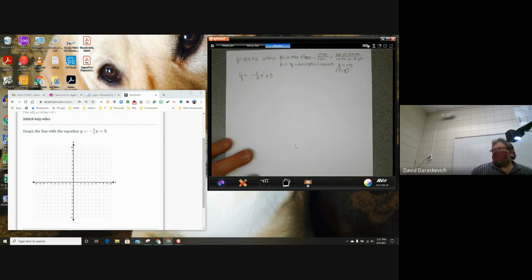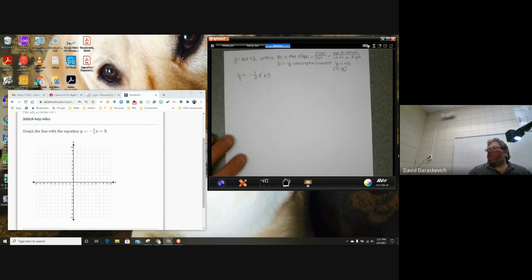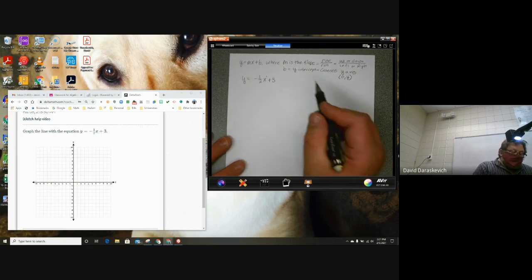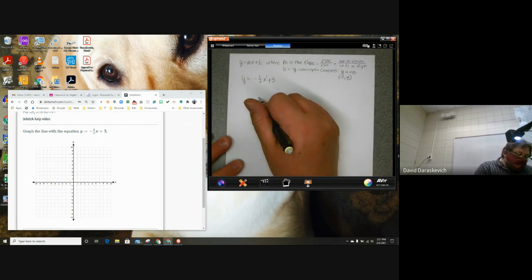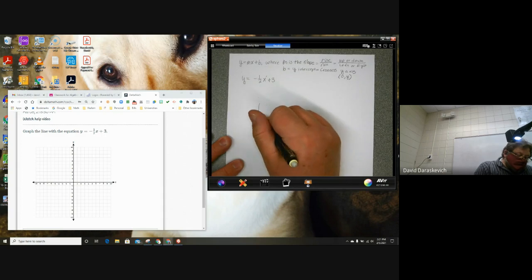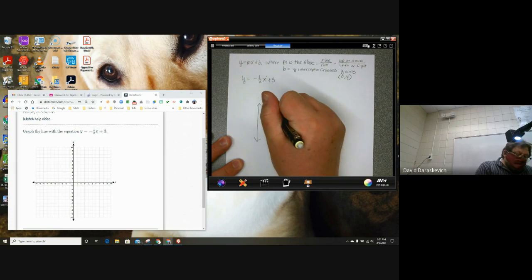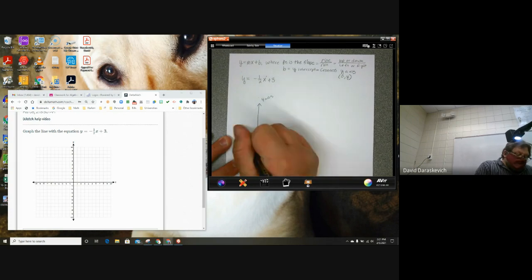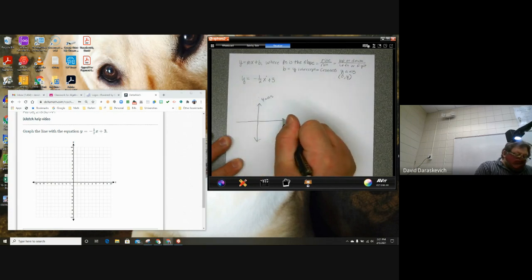Okay, so let's figure this out. I'm going to try to make a graph here. See how neat I can make this. There's my y-axis. Here's my x-axis.